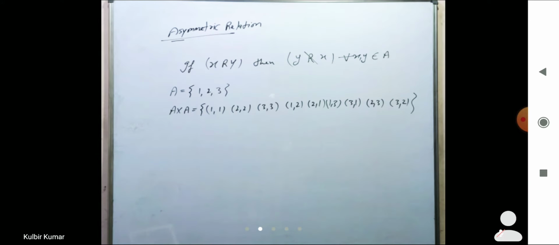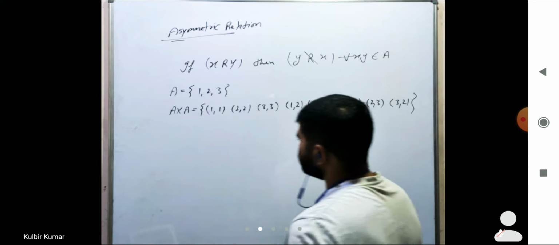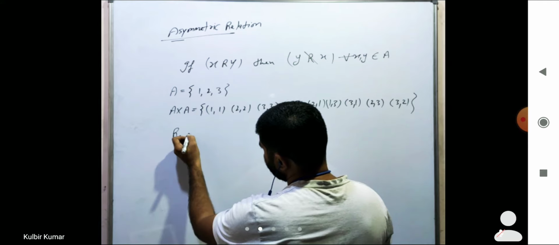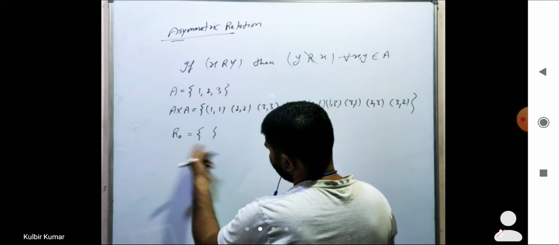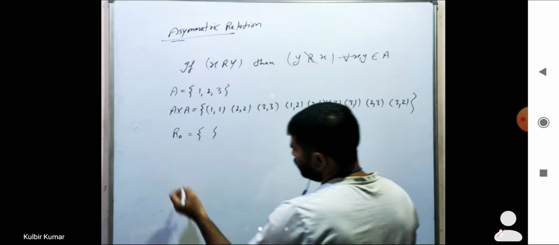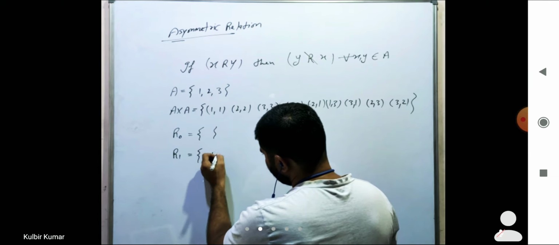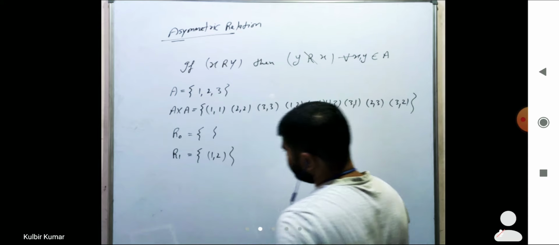Okay. So what can be the asymmetric relation? Let me take relation R0 which is empty. We'll discuss this one later. Next is R1. R1 is (1,2).